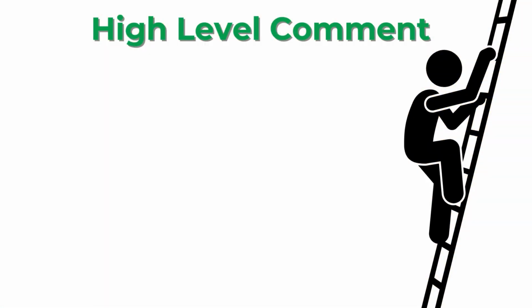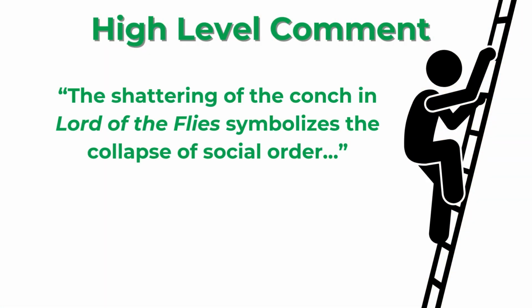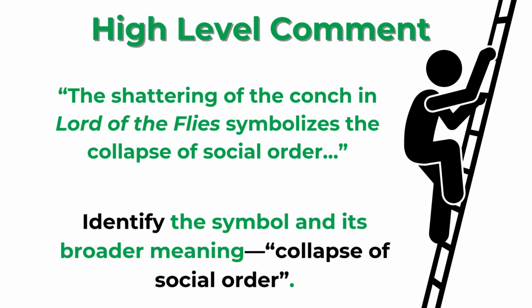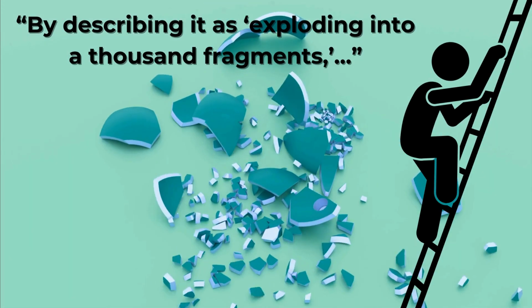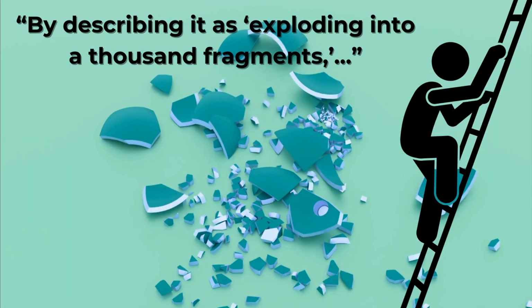Here's how this comment shows high-level insight. The shattering of the conch in Lord of the Flies symbolizes the collapse of social order. Here the symbol and its broader meaning are identified: collapse of social order. Just like identifying a recurring visual motif in a film that represents a deeper theme. By describing it as exploding into 1,000 fragments, this part highlights a specific phrase to show how the symbolism is created.